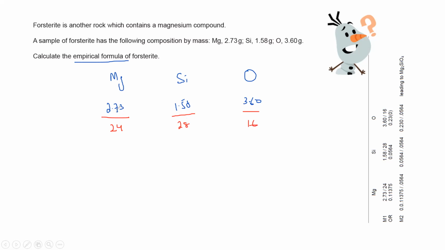So 2.73 divided by 24, that will come out as 0.1137.